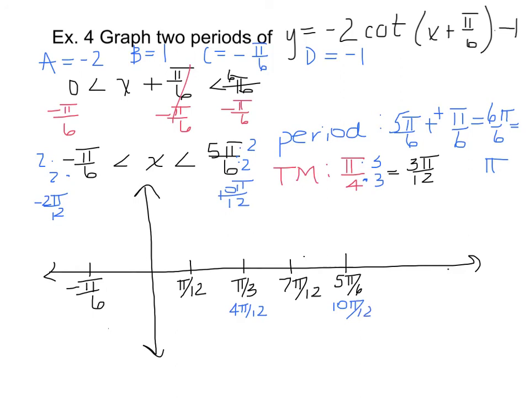Then add another 3. That's 13 pi over 12. And then add another 3. That's 16 pi over 12, which is 3 pi over.